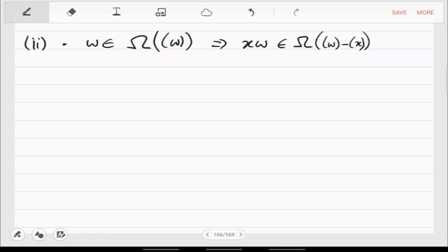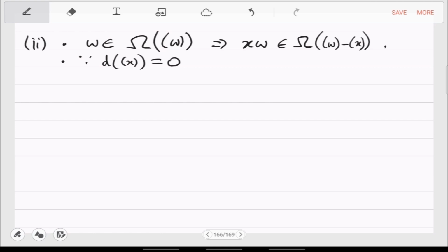So from here I want to claim that the maximal associated divisor for x omega is this. It can't be anything more. This is simply by the fact that the degree of the principal divisor x is 0.